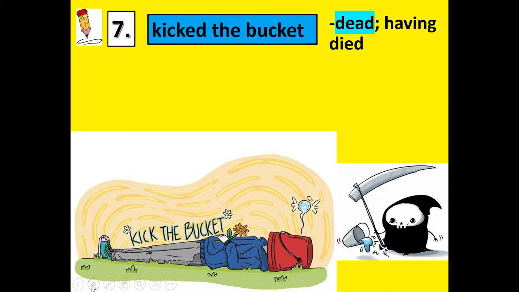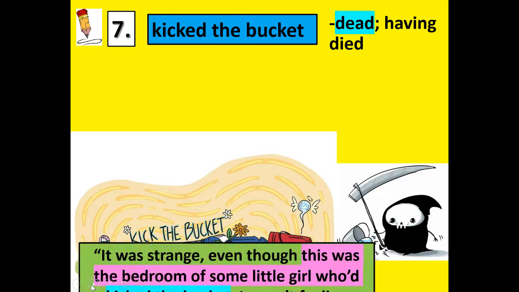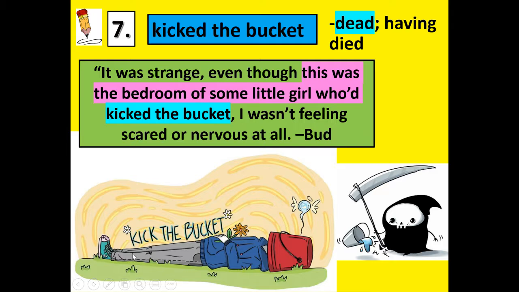And here is death, and he's kicking the bucket. So, here's the quote. "It was strange, even though this was the bedroom of some little girl who'd kicked the bucket, I wasn't feeling scared or nervous at all." So Bud goes into a bedroom, and the bedroom used to belong to a girl.